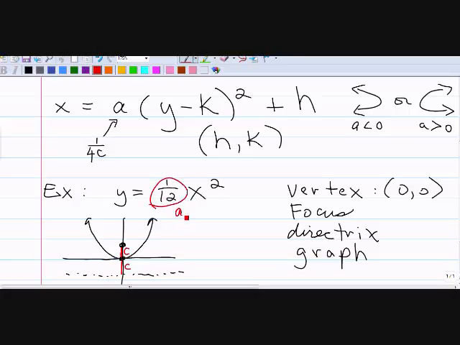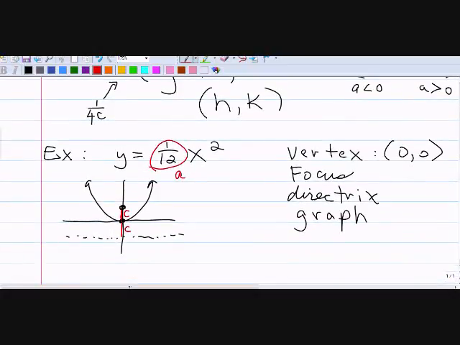That's a. So I'm going to use that fact that a is equal to 1 over 4c to try to find my focus. So my a is 1/12.